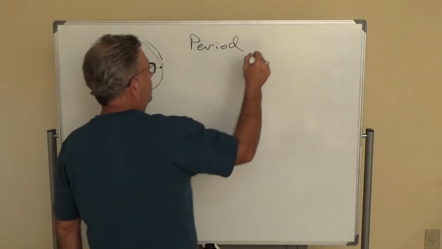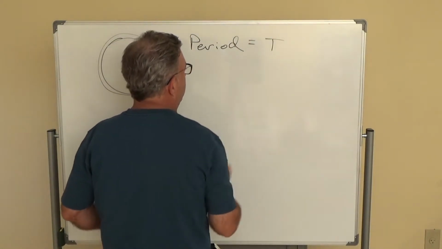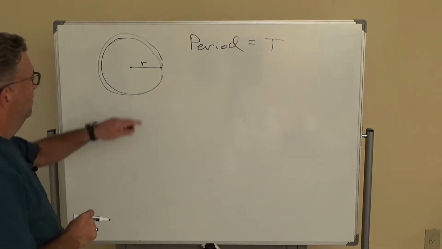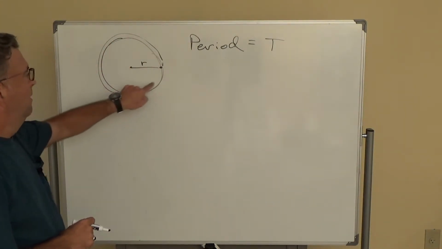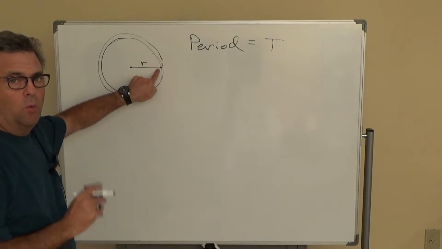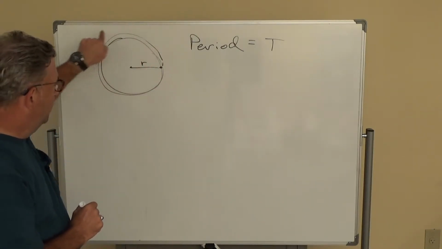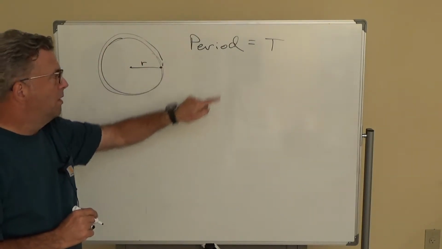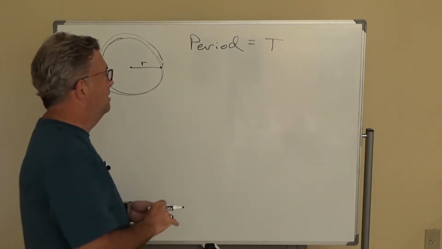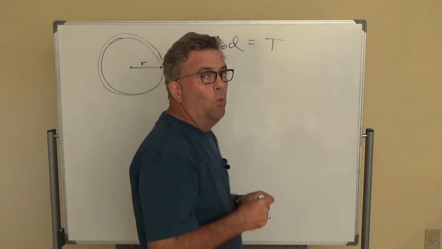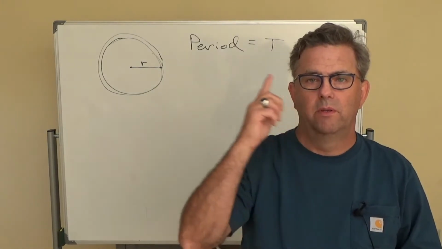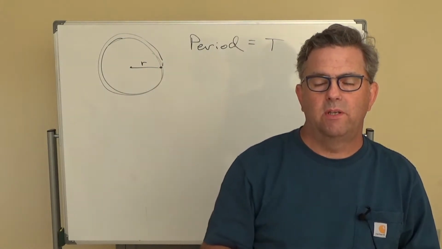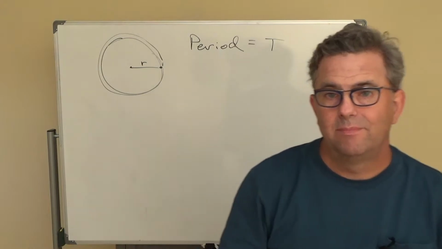The period is equal to T. If you have a circle of radius r, however long it takes to make one revolution, that's what we call big T. That's the period. What's the period of the moon? The moon orbits the Earth.